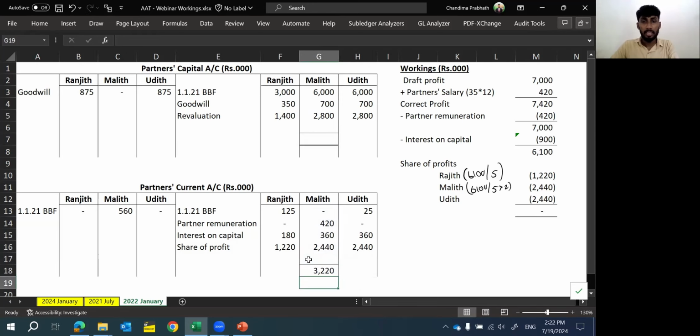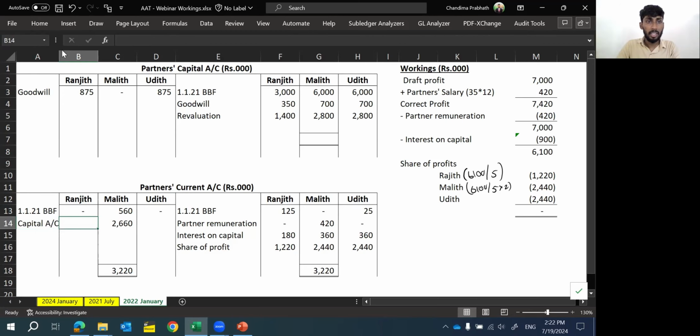Here, Malit, 3,220. So Malit's balance we need to transfer to the capital account. The balance is how much? The balance is 2,660. We need to transfer it to the capital account.